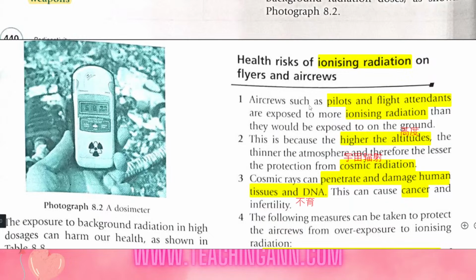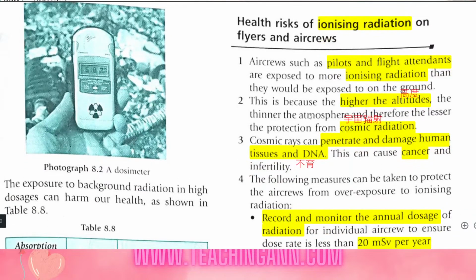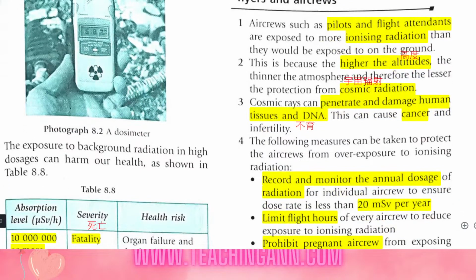Okay, well done. So pilots and also flight attendants have very high exposure to ionizing radiation. Why? Because when your aeroplane flies high, your atmosphere is thin. So you're exposed to what? Cosmic ray.